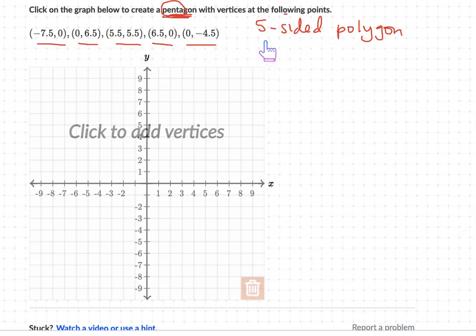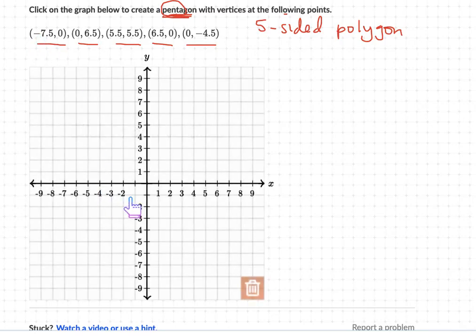All right. So first things first, I'm going to start at my origin. My first number and my first point is -7.5, so I'm going to walk to -7.5. That's between -7 and -8, and then it says to fly to 0. I'm already at 0, so that's my first point.